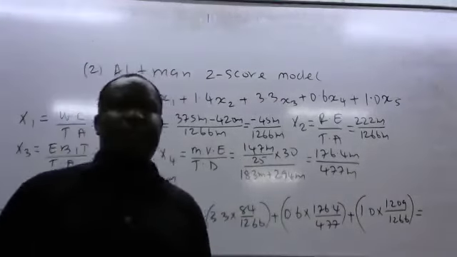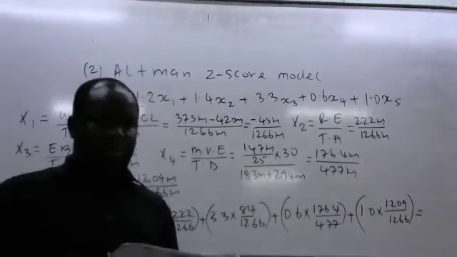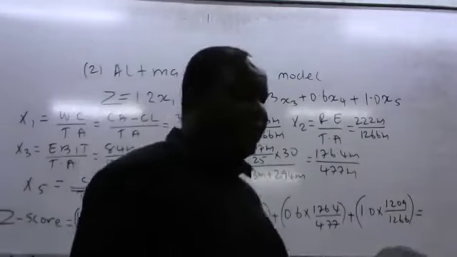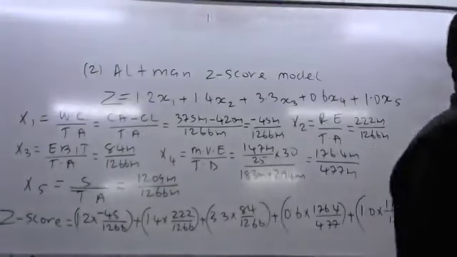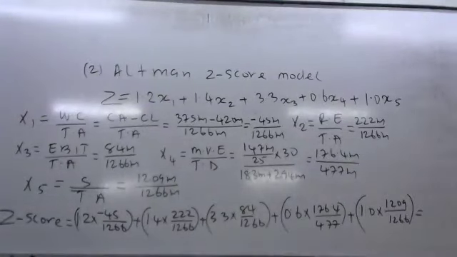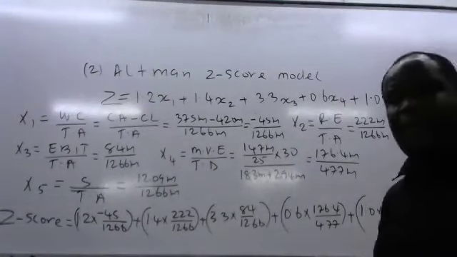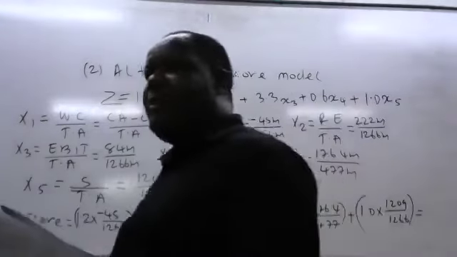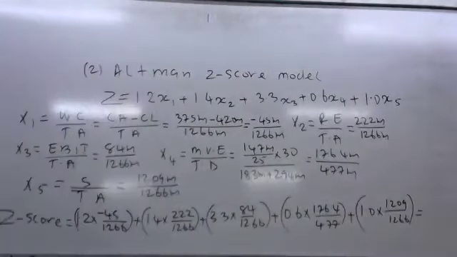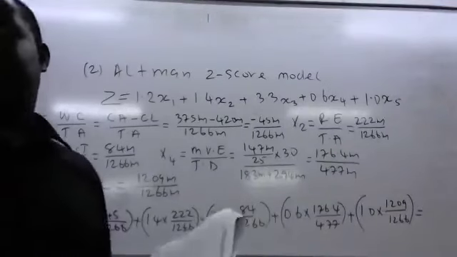On page 66, there is a question for May 2015, question 1, part A. When you go to page 66, question 1, part A, evaluate 4 limitations of the Altman's Z-score model for predicting corporate failure. Even that one I've summarized for you in the handout.